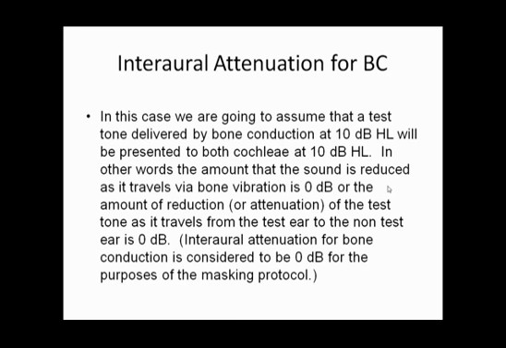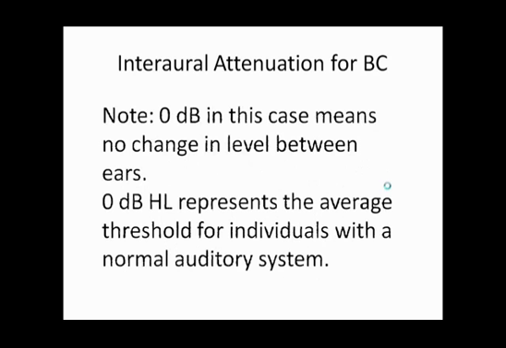In other words, the amount that the sound is reduced as it travels via bone conduction is 0 dB, or the amount of reduction or attenuation of the test tone as it travels from the test ear to the non-test ear is 0, meaning there's no attenuation. Interaural attenuation for bone conduction is considered to be 0 dB for the purposes of the masking protocol.